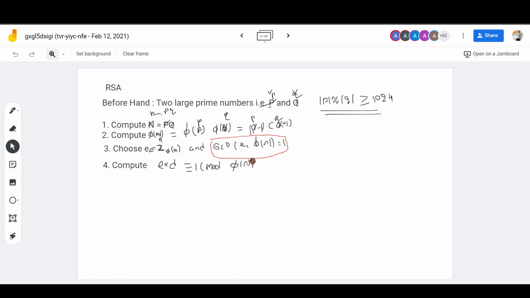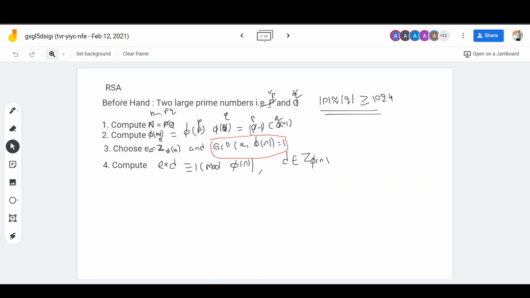You have to use this formula. Likewise, you find the d value. Here d also belongs to Z pi of n only. Are you okay with this?